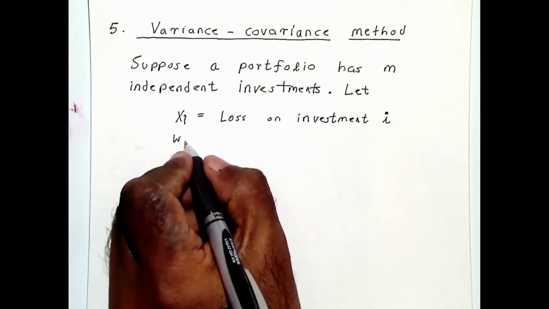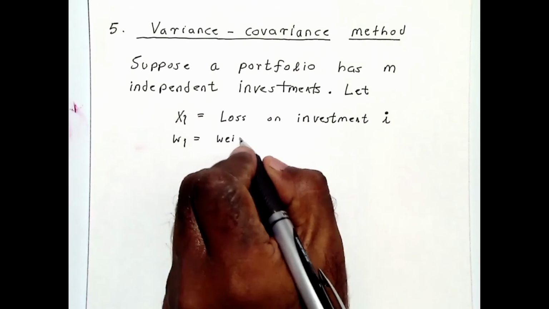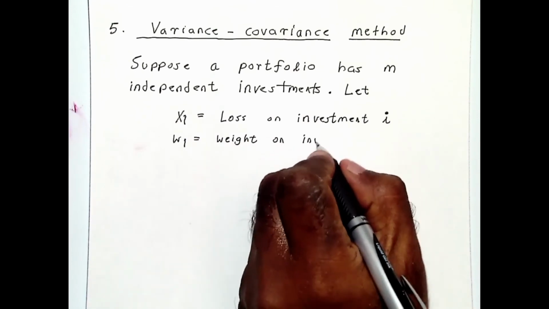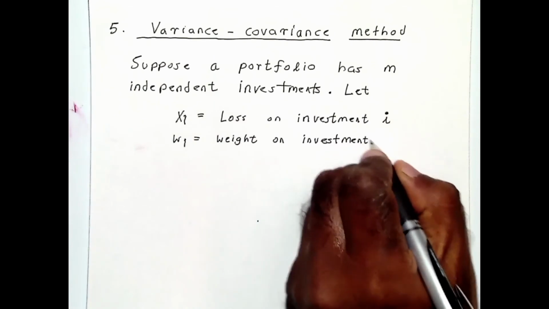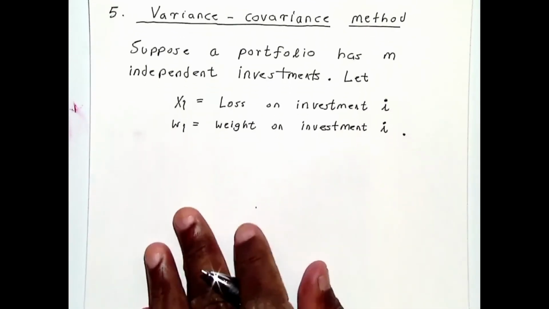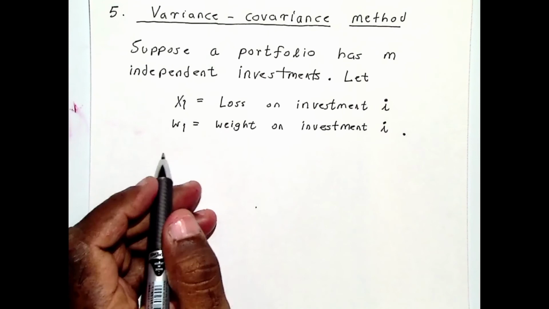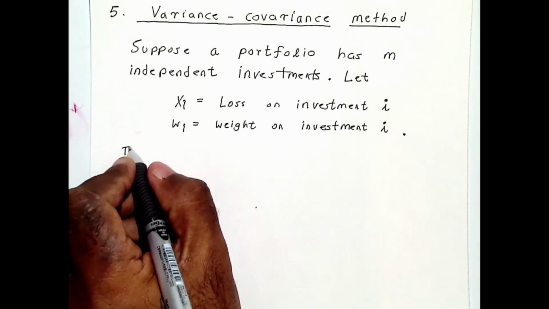right? And let Wi denote the weight on investment I, right? Okay, because certain investments may be more important than other investments. So this gives a weight, right?